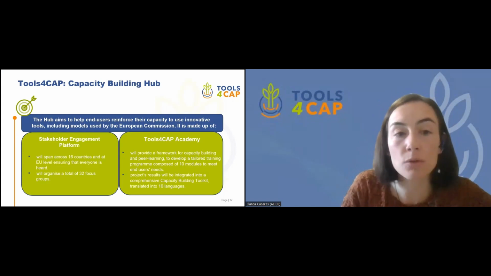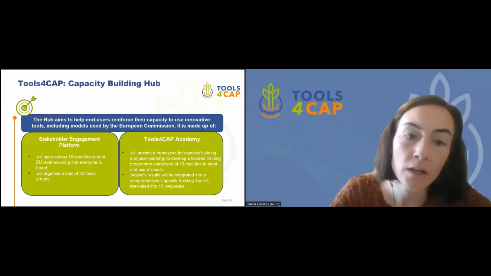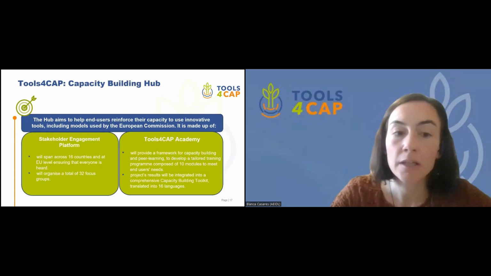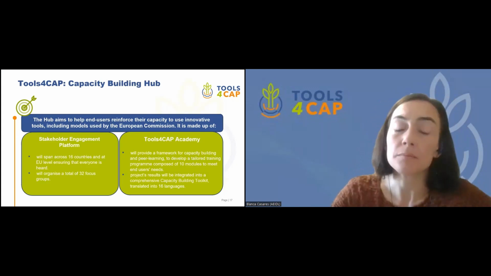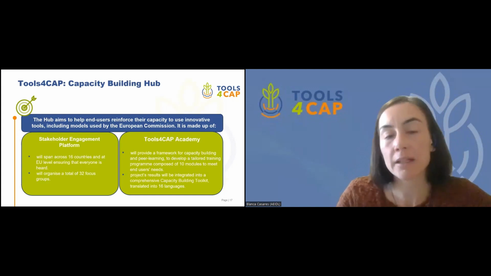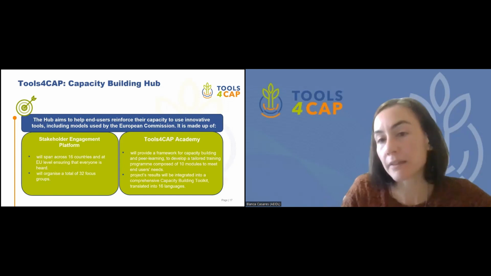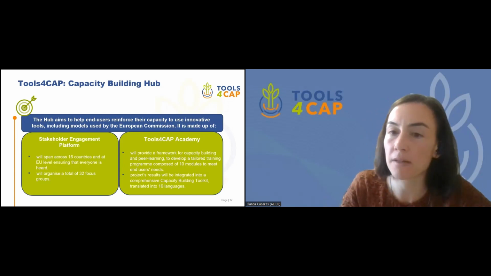And there are two parts: the stakeholder engagement platform that is starting now, that will span across 16 countries and EU level, and will organize 32 focus groups at member state level and 2 at EU level. Then you can be part of these focus groups. And the Tools4CAP Academy that will provide a framework for capacity building and peer learning.